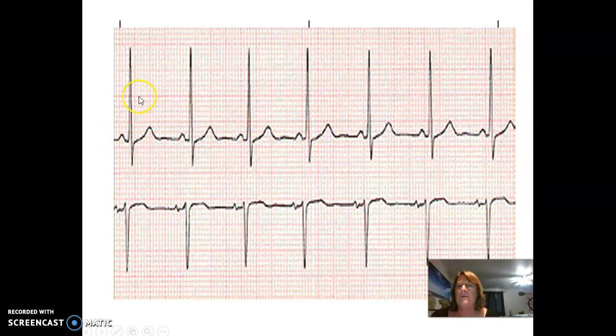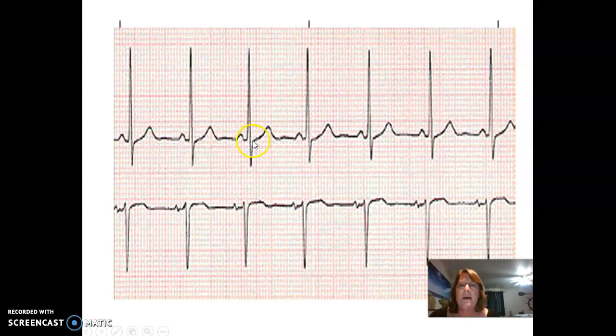So here I have a regular rhythm. My spacing between my beats looks normal. My rate here would be 1, 2, 3, 4, 5, 6, 7, so rate is 70. I have a P wave for each and every beat, and it's normal, rounded, and symmetrical going across the strip. PR interval looks like 1, 2, 3 boxes, so 0.12.